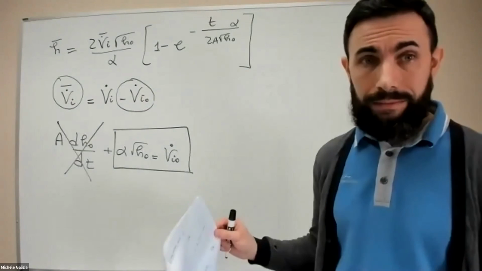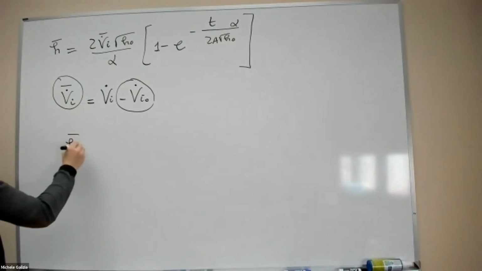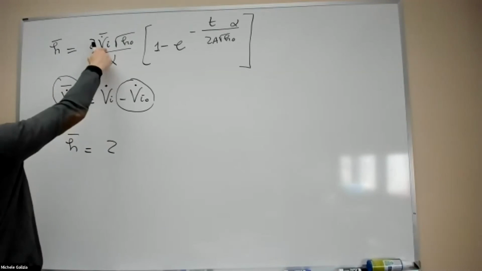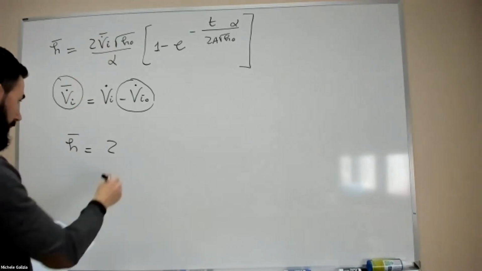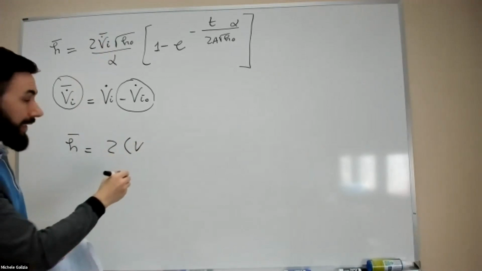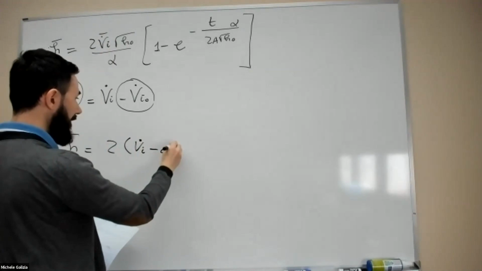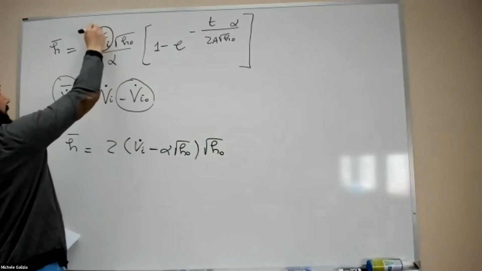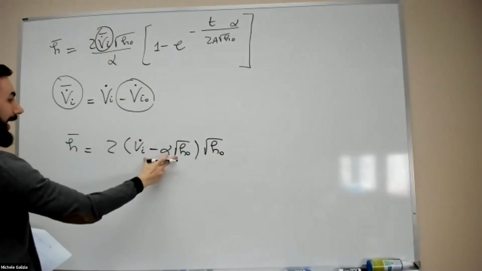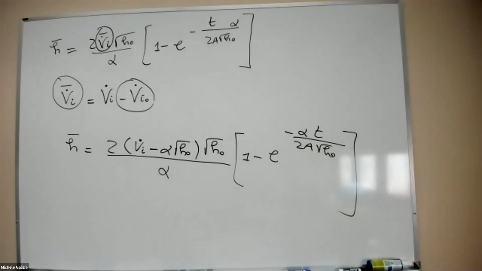Okay. So in this expression, simply Vi dot deviated will be Vi dot minus alpha square root of h0. I just replaced this value with the value that we just found. And this is the final expression for the deviated h.